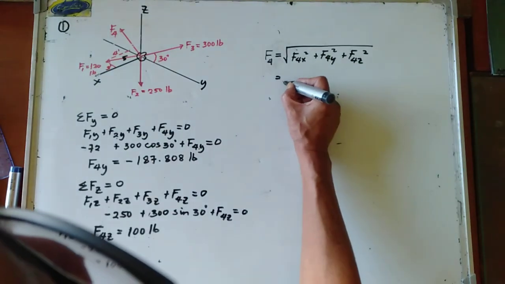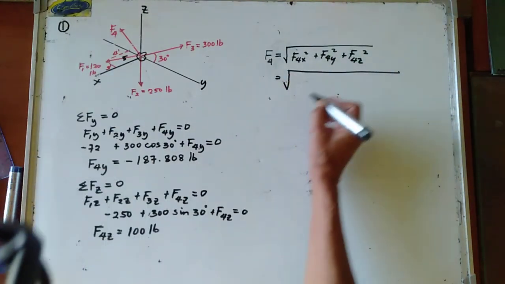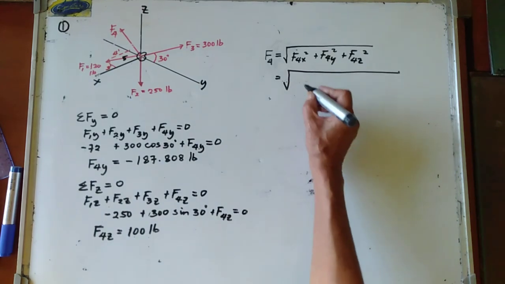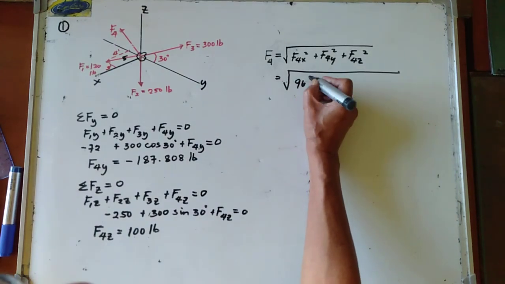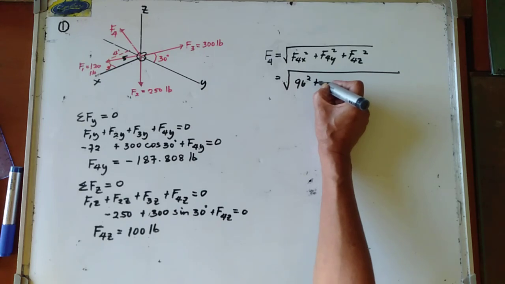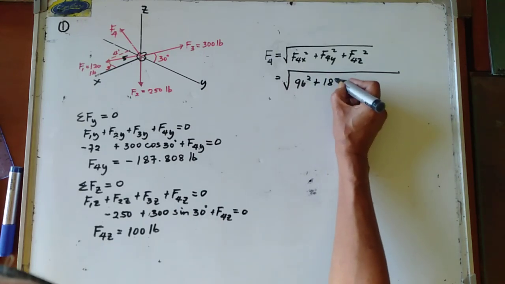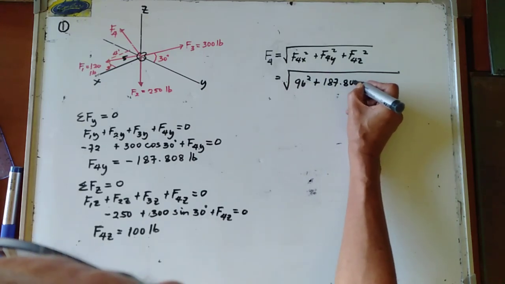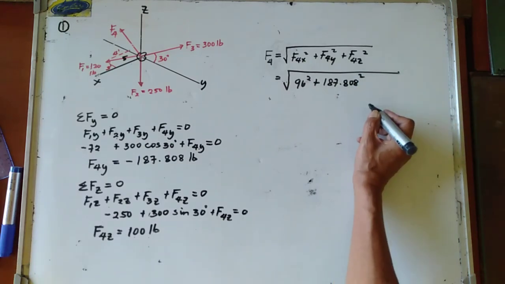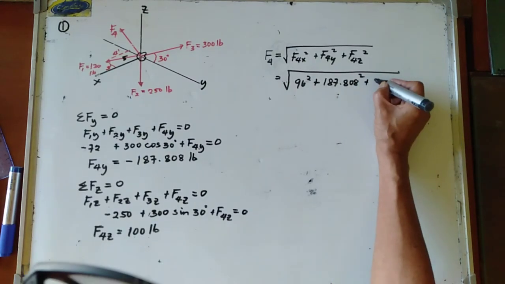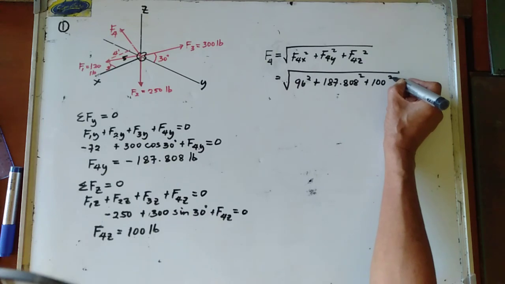So this is therefore equal to the square root of 96 squared plus 187.808 squared plus 100 squared.